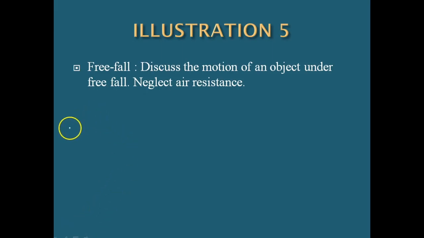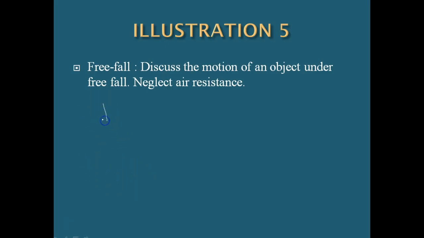So the next illustration is about free fall. Discuss the motion of an object under free fall and neglect air resistance. An object released near the surface of the earth is accelerated downward under the influence of the force of gravity, isn't it?